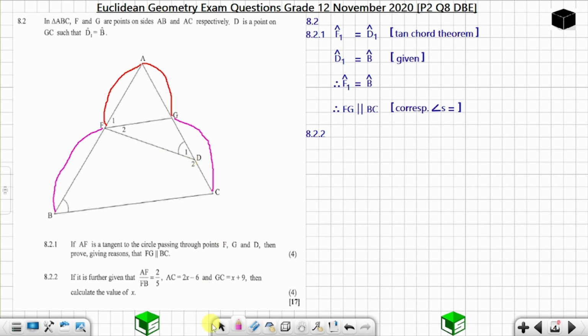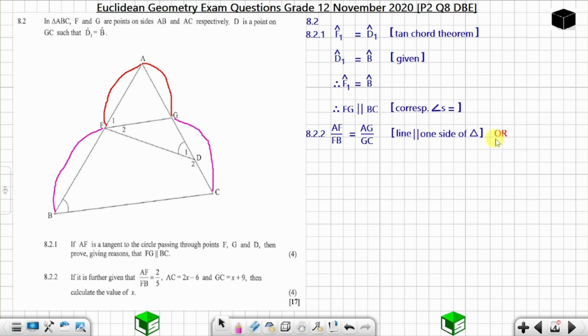So AF over FB is equal to AG over GC. The reason is a line parallel to one side of a triangle.